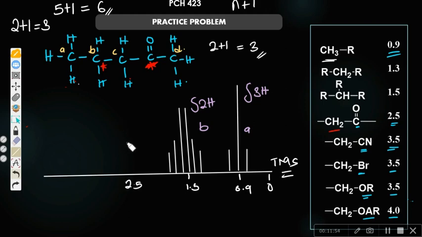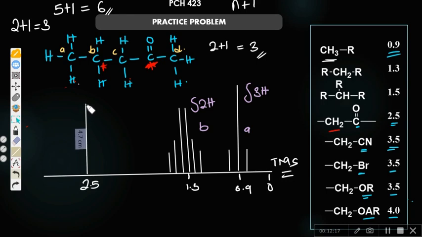Now, before we even talk about a triplet, there's something I want you to look at. So 2.5 is somewhere around here. Let's put 2.5 somewhere around here. 2.5, and then it's going to cause a triplet, right?